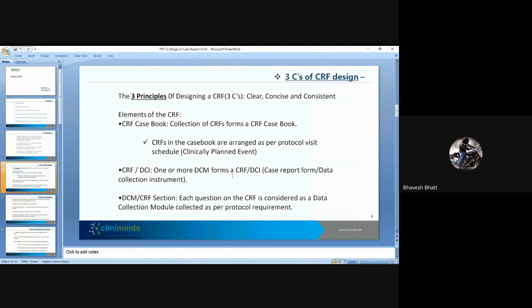Elements of the CRF are the CRF casebook, the DCIs, and the DCM, each of which is a subset of the other. Let's say the CRF casebook is the collection of the case report forms.